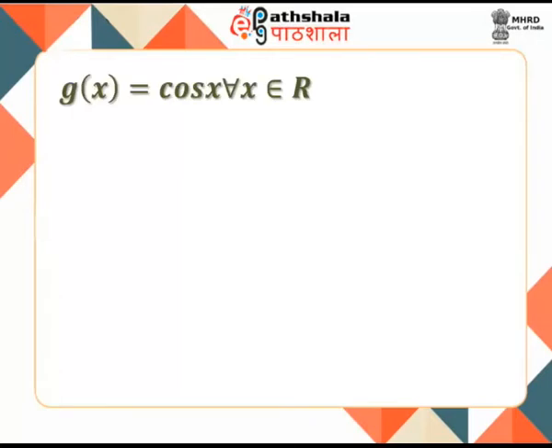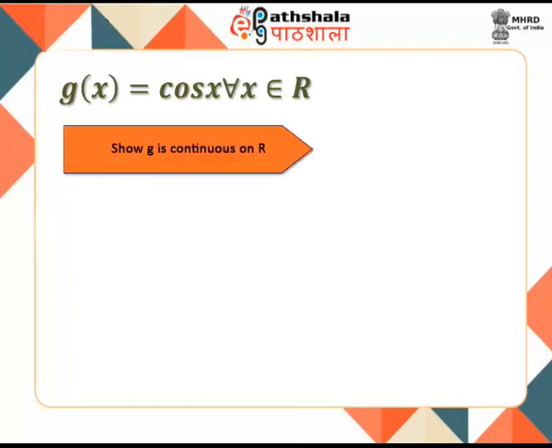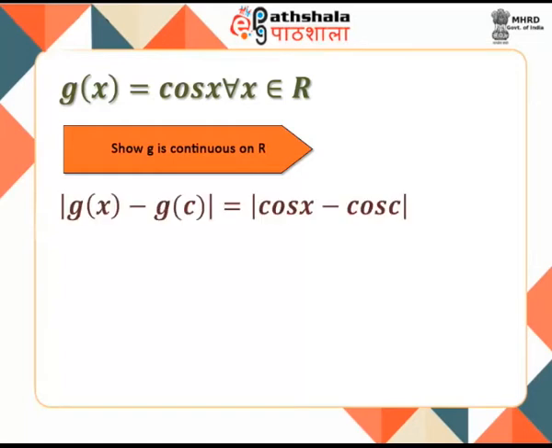g(x) is equal to cos x for all x belonging to R, we have to show that g is continuous on R. Solution: let c belong to R, then |g(x) minus g(c)| is equal to |cos x minus cos c|.